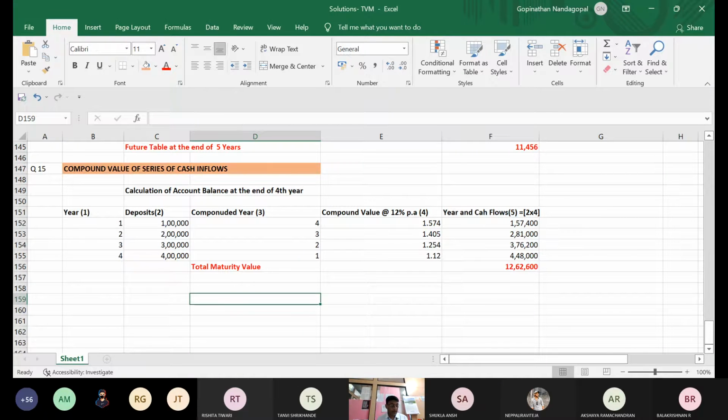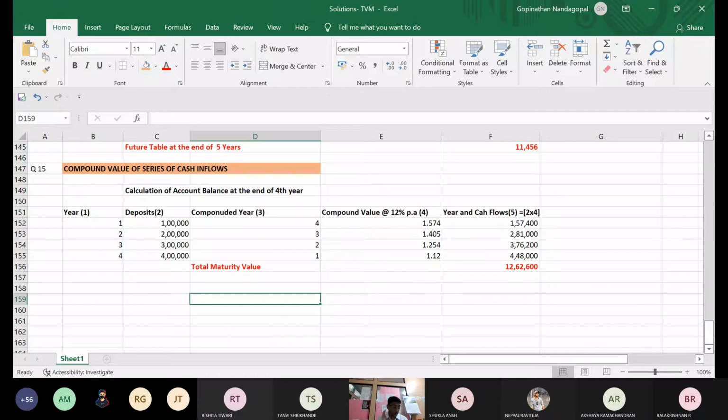This is what we call the compound value. What we did previously is the compound value of a series of payments. This is the compound value of the annuity. So the main idea is to find the series of equal cash flows at a regular interval. This is called annuity. And every year each cash flow has to be compounded.